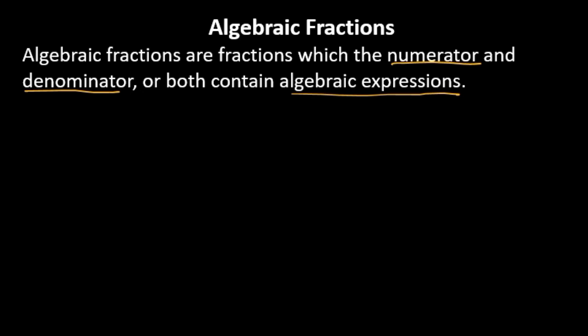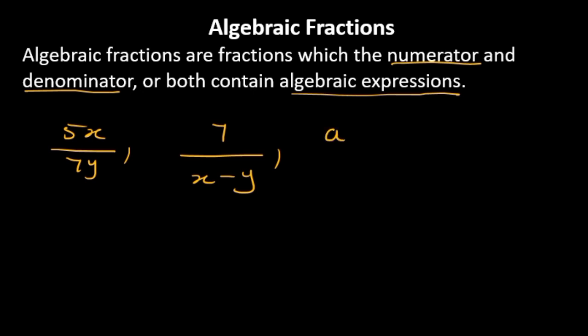Okay, now these fractions can be in the form of variables. So 5x divided by 7y is an algebraic fraction. We can also have a constant form, and 7 divided by x minus y is also an algebraic fraction. We can also have something like x, a plus b, all divided by a squared minus b squared.